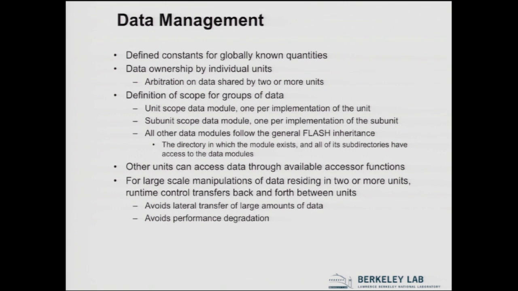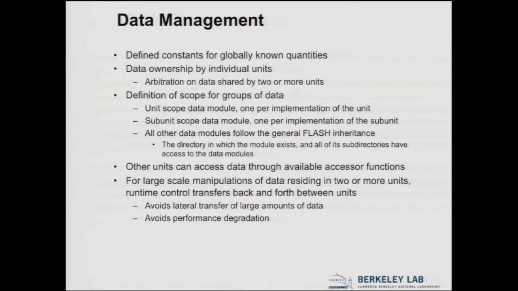A density can be the first index in one application, and the 4th index in another application. So instead of having every application be aware of what these indices are, the configuration step also defines constants, which are indices into the data structure, and these are globally known. There are many other such quantities that need to be globally known, and they get put into this file called flash.h, where they're all defined constants.